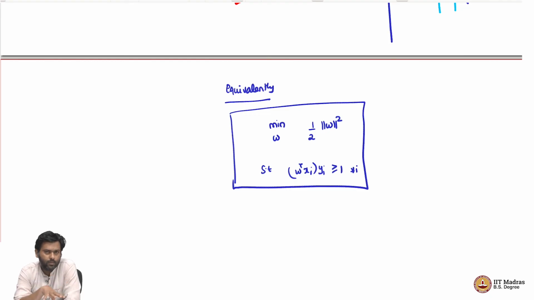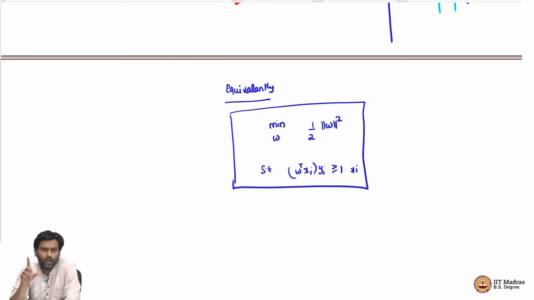Now the question is, we have set up the problem. All this that we have discussed so far is to figure out what is the problem that we want to solve, and we have arrived at the conclusion that this is the problem. The W that comes out of it will separate our data set with as large a width as possible.